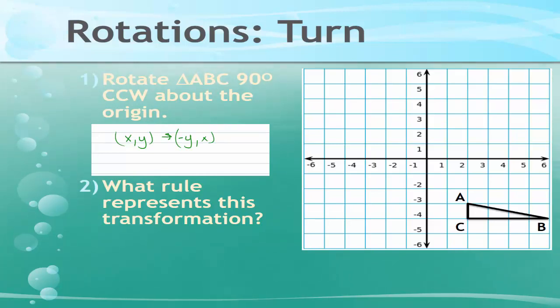And in order to do the actual rotation, we can plug any vertex from our image into this rule. So my first ordered pair for the vertex A is (2, -3).